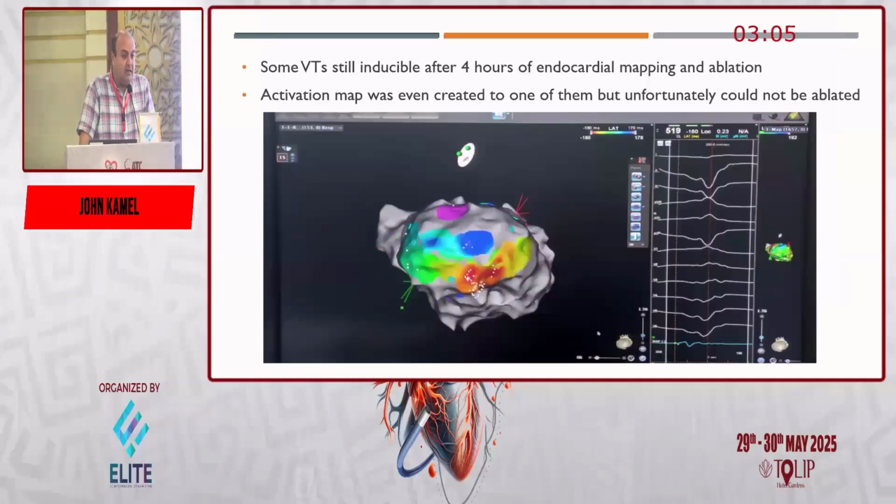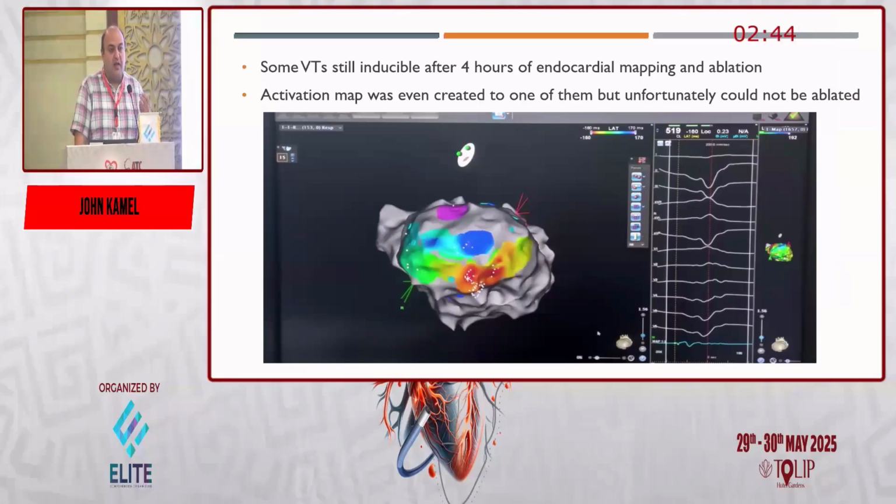After the induction protocol, after all these four hours of work, there is still inducible VT. And even the endocardial activation map for such VT shows early activation at the inferior edge, but ablation at such edge did not terminate the tachycardia.